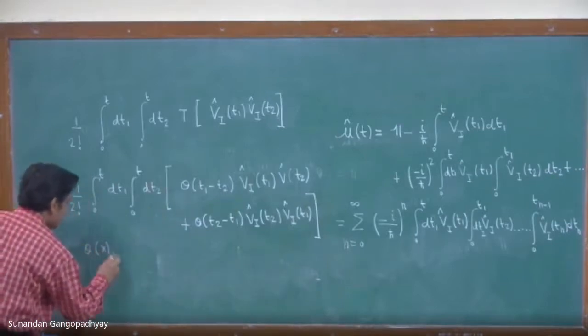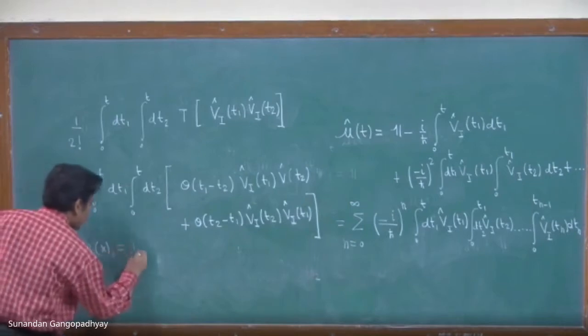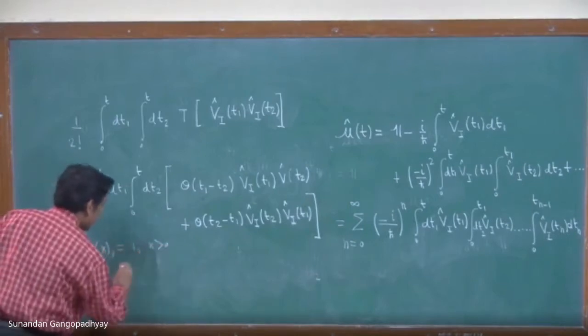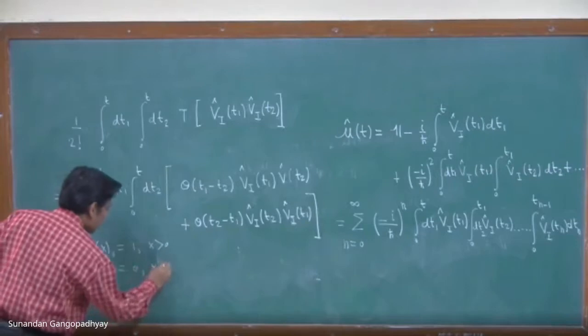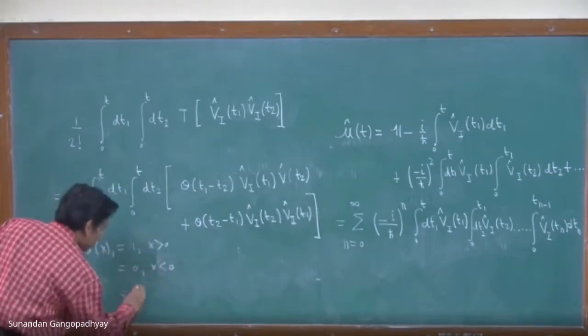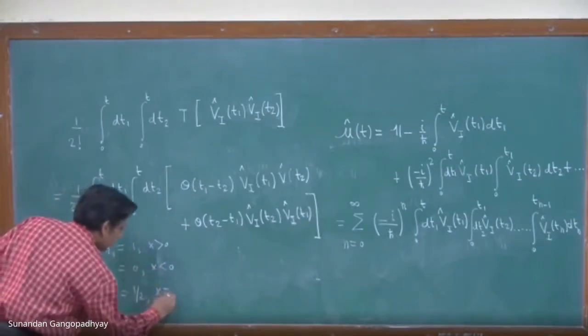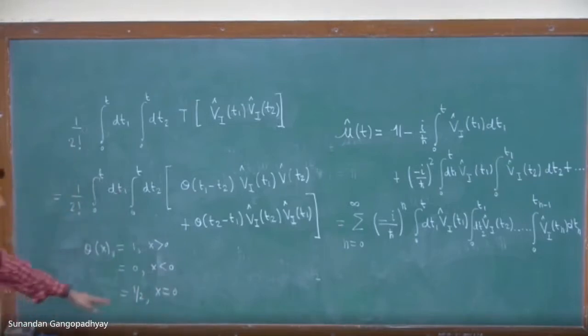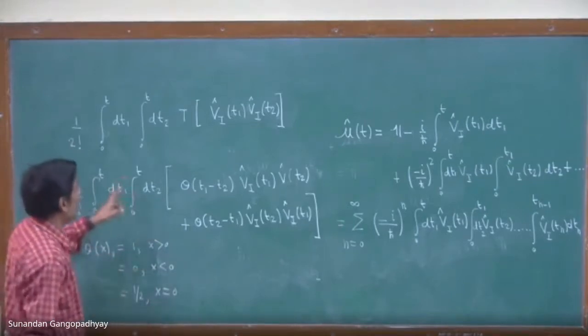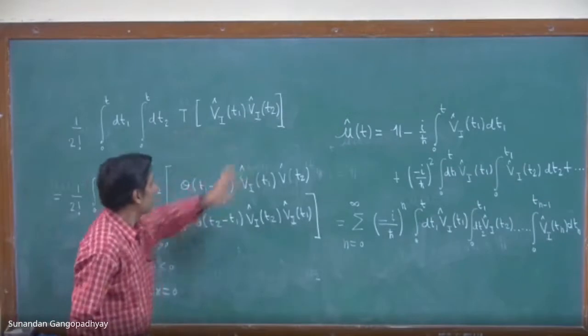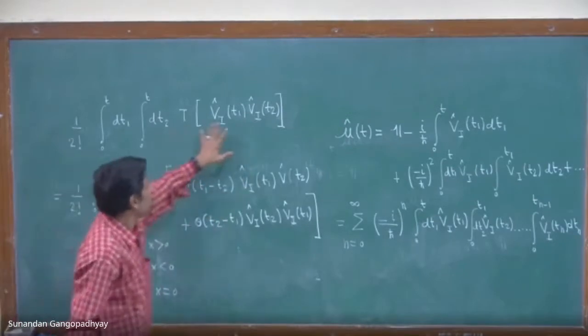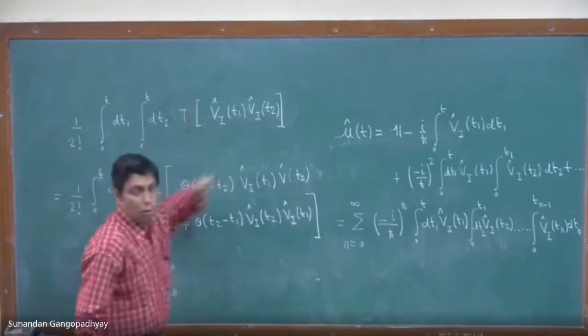Theta of x is 1 when x is greater than 0, it is 0 when x is less than 0, and it is equal to half when x is equal to 0. This is quite important, because you see that by definition this time ordering of this product of two operators is basically this, right?